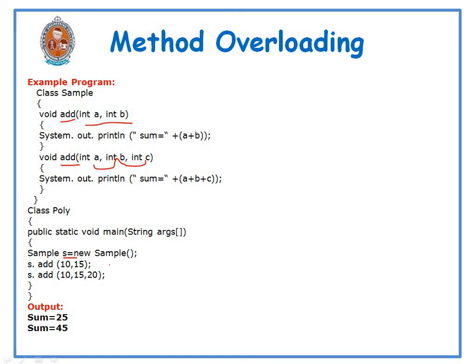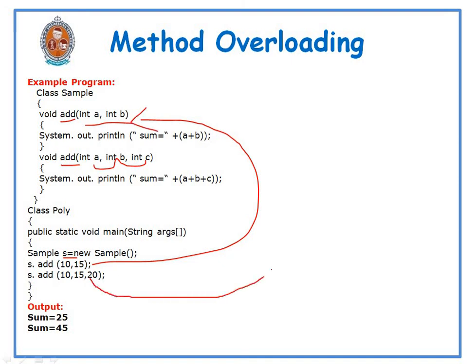After that we have two method calls: s.add(10, 15) and s.add(10, 15, 20). If we call the method with two parameters, then automatically the control goes to the two-parameterized method definition, and if we call the method with three parameters, then the control goes to the three-parameterized method. So here the compiler doesn't have any confusion.